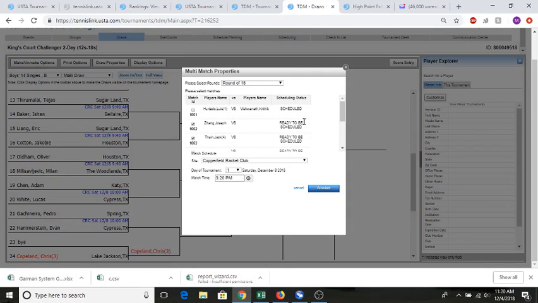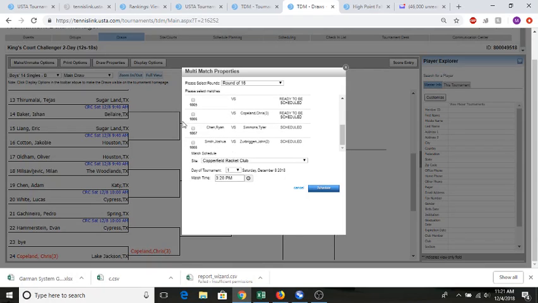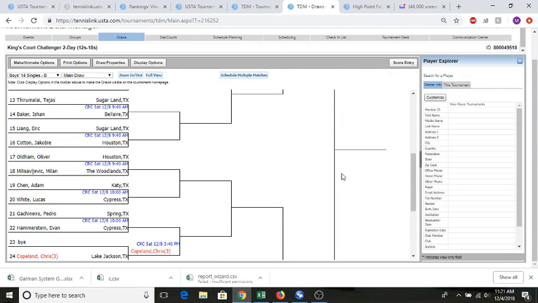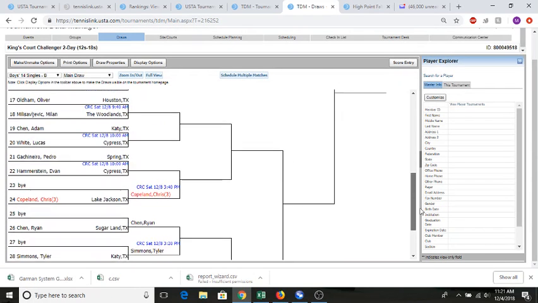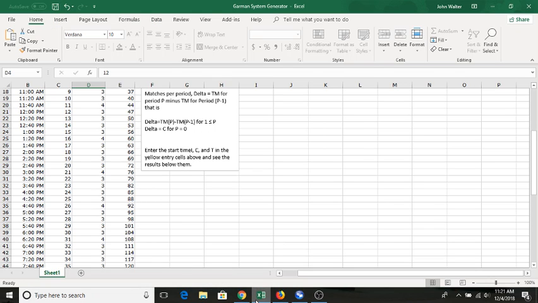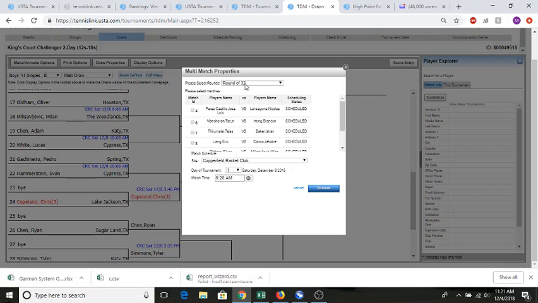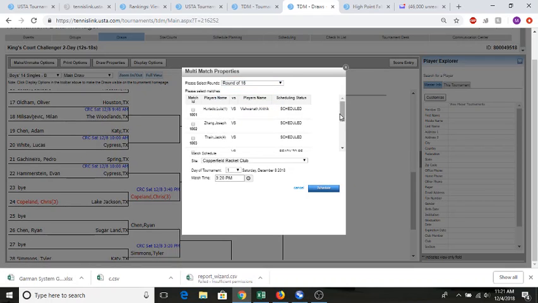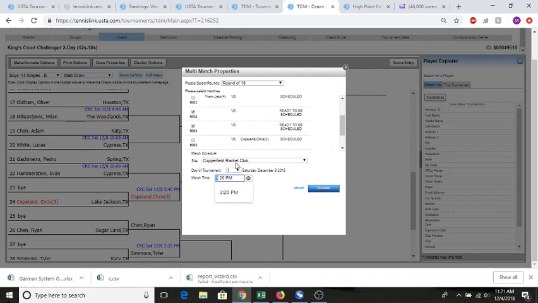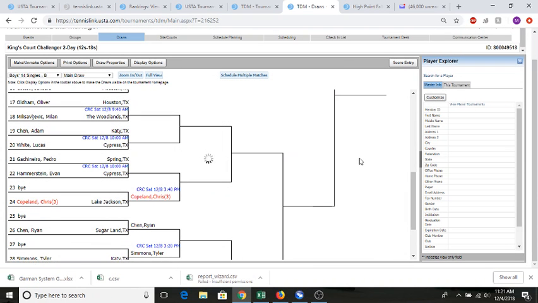Again, grab the players that got a bye. Want to get them to lose early. If they do lose, so that they can feed in the consolation, you can get those matches going. And then my next time slot is 4. I have 3 matches then. I have 2 to schedule. So I have 1 more match to schedule at 4 p.m.